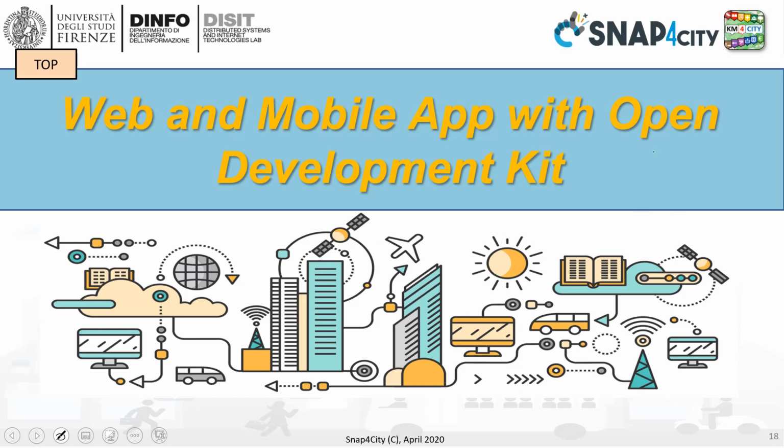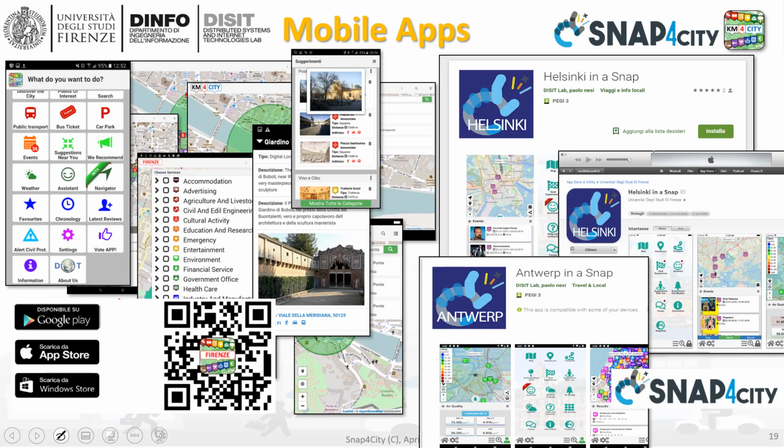Web and mobile app with the Open Development Toolkit. These are the two kinds of app together. So it's possible to have the KM4City approach or the City in a Snap approach, with a different look and feel and different kinds of menus. Probably it is a nicer view: the Helsinki in a Snap and the Antwerp in a Snap have a more modern view and nicer icons and so on.